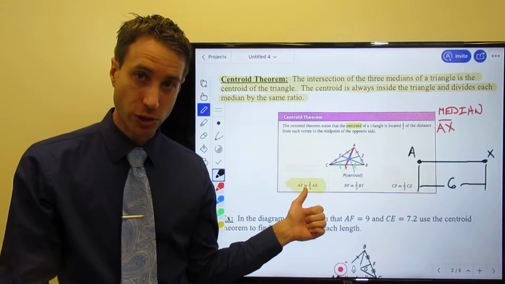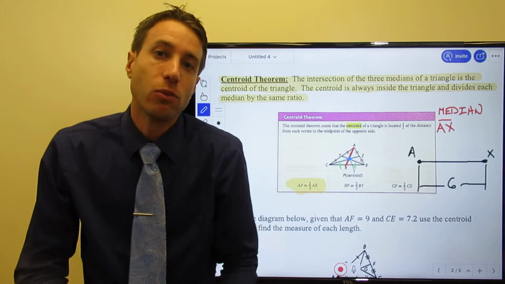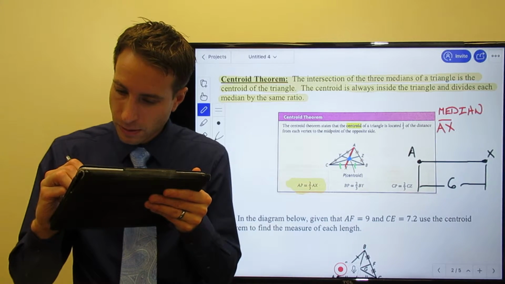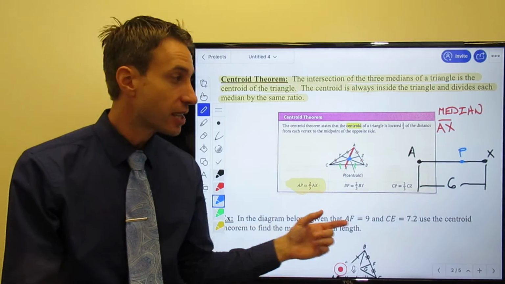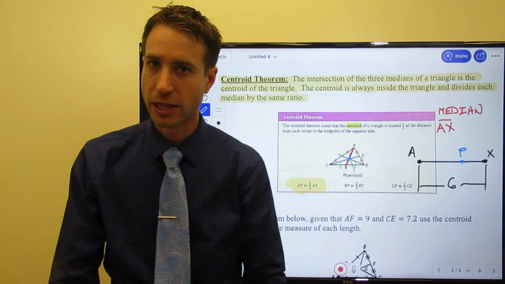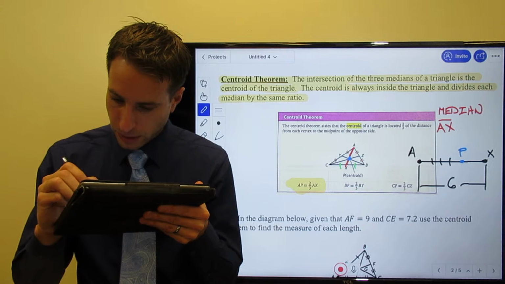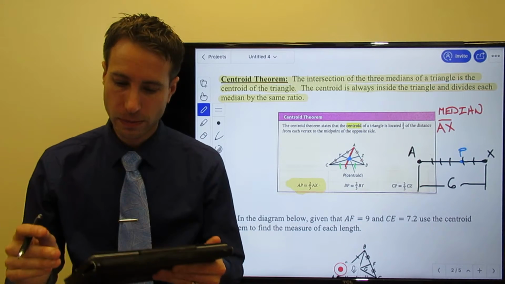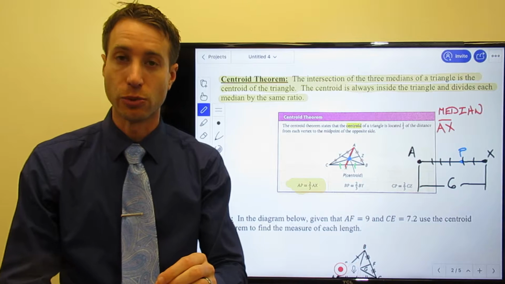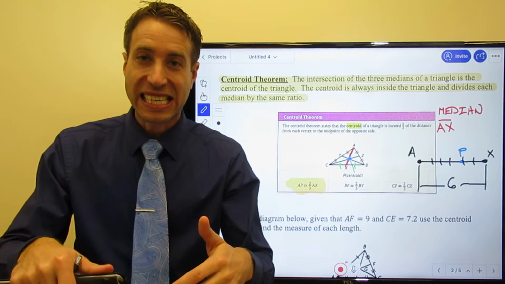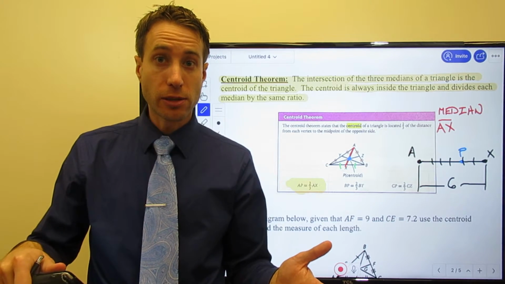The distance from A to the centroid, which we'll call P, is 2/3 the distance from A to X. If the entire distance is 6 units, all you need to do is divide it into thirds, which is really easy.